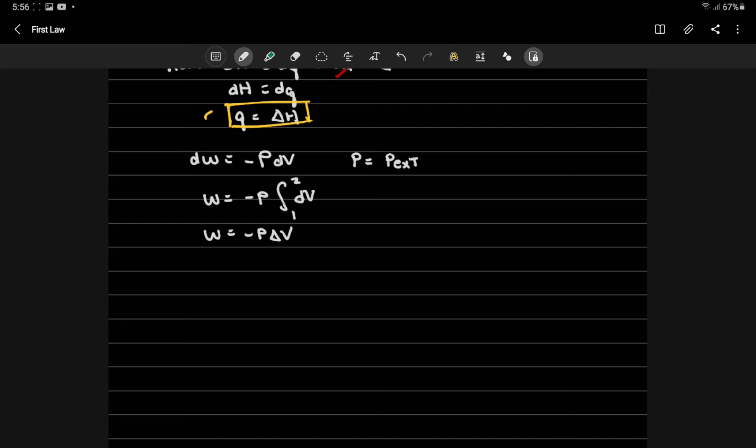Now, let's expand this further. So, magiging minus P, yung delta V will become V2 minus V1.